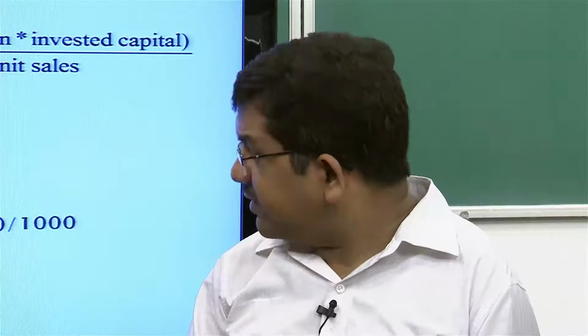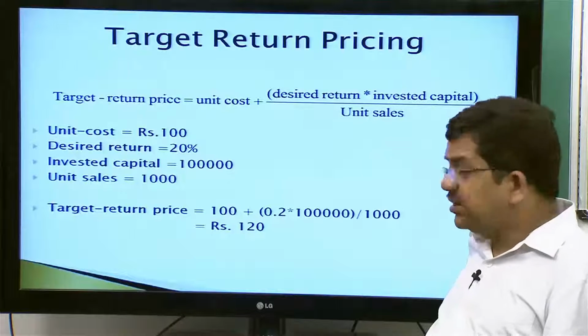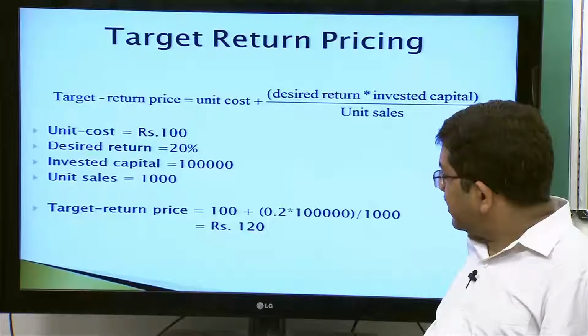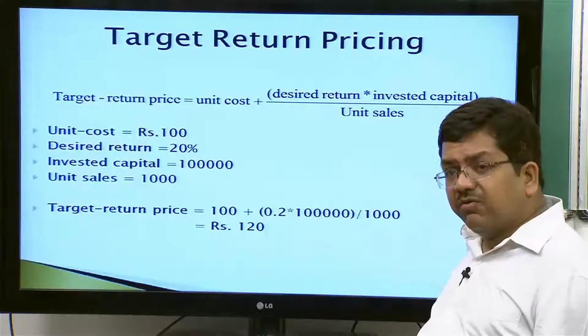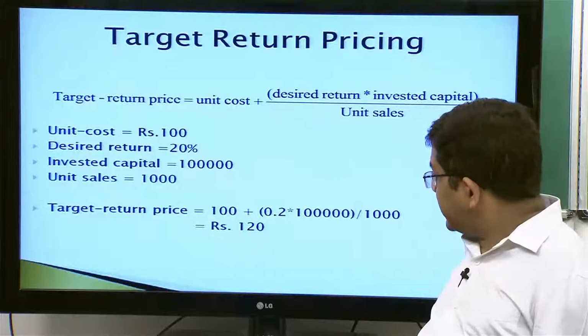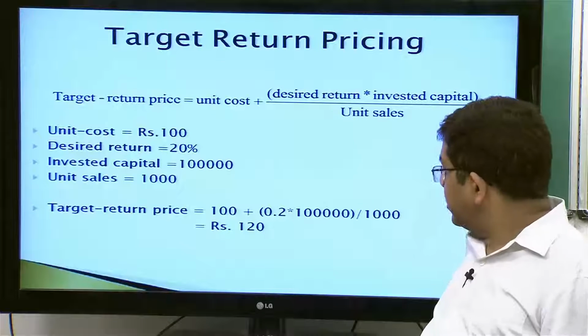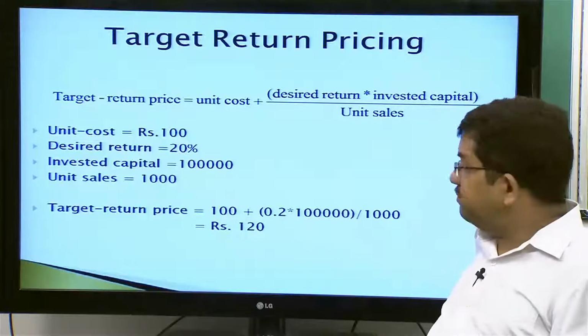So, I have given you one example here. Unit cost is 100 rupees and your desired return is 20%. With invested capital of 1 lakh rupees and unit sales projected to be 1000 units, you will find that your target return price comes out to be 120 rupees.